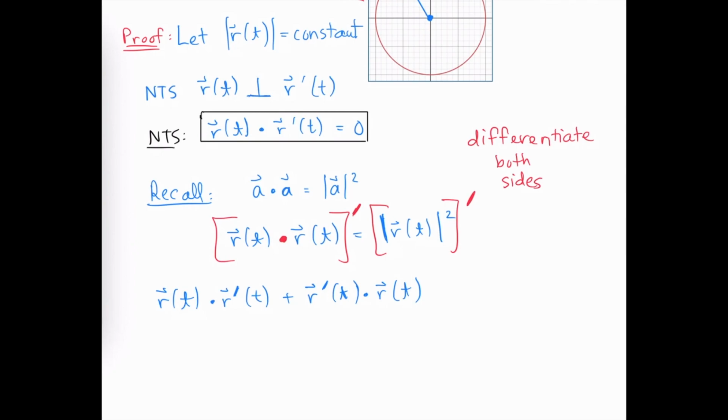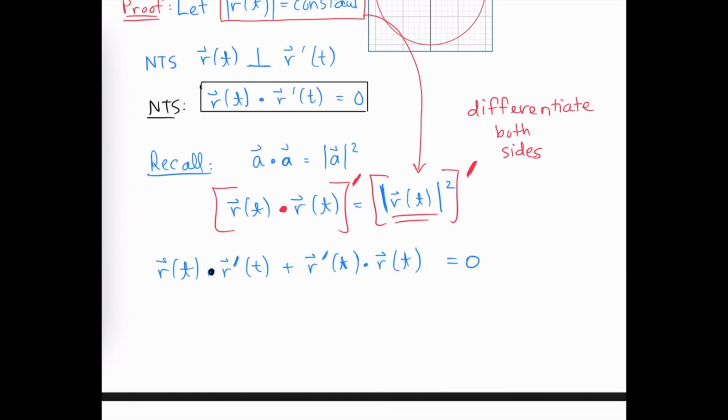Now on the right, what we're doing is we're differentiating the magnitude of this vector, quantity squared, and remember the magnitude of our position vector was declared to be a constant. We made that assumption initially. We said if it's a constant, then these two vectors have to be perpendicular to each other. So let's assume it's a constant and then show that they must be perpendicular. So if this is a constant on the right-hand side, the derivative of a constant is equal to 0.